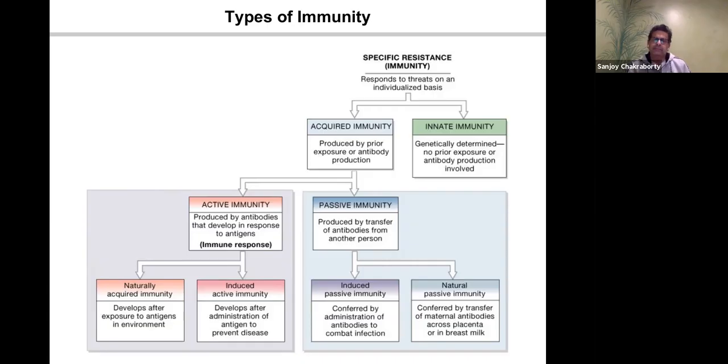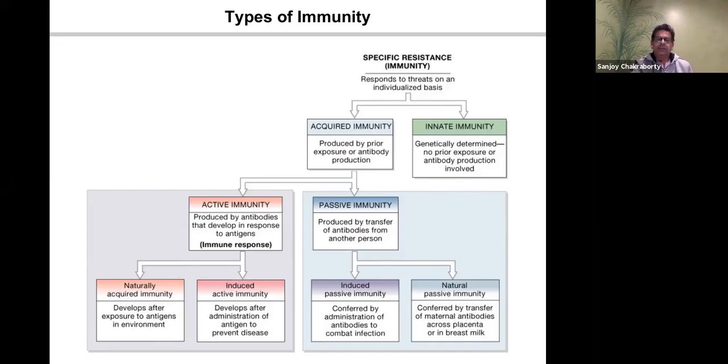On the other hand, active means your body makes it. Now the question is how to do it. One is when healthcare professionals ask you to make the antibody. What does that mean? That means healthcare professionals trigger an immune response in you, meaning vaccination.